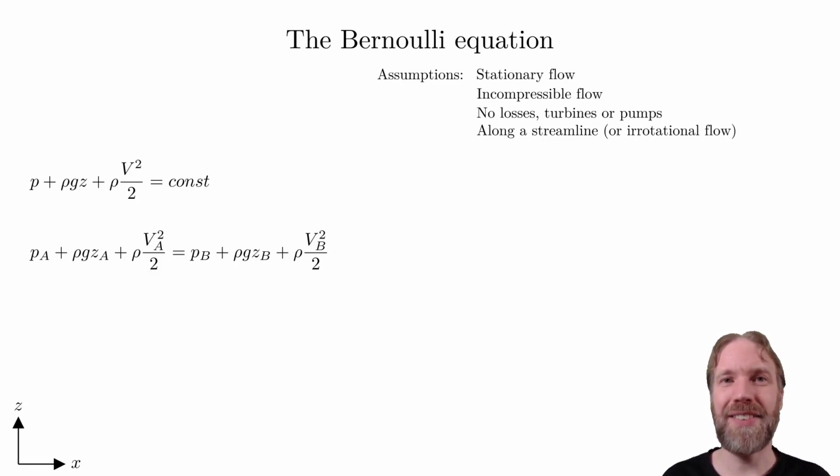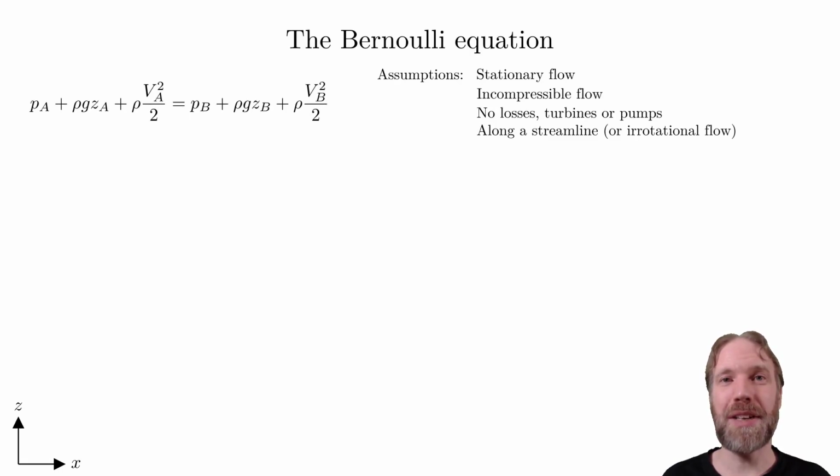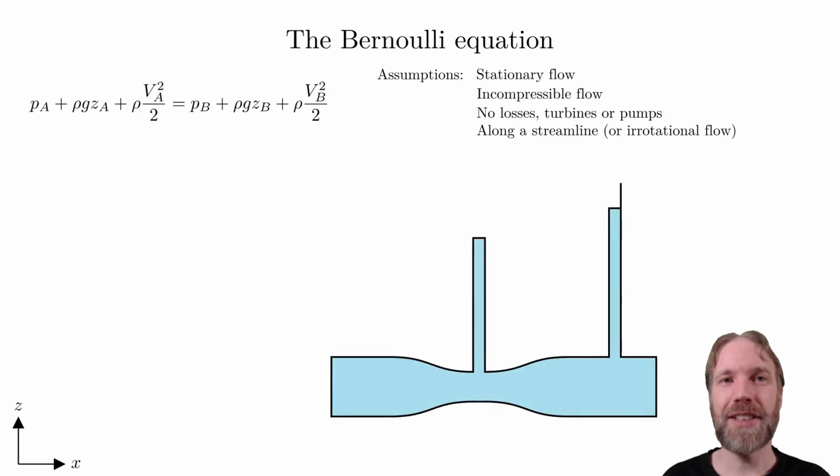Let us end this video by doing an example of how you can use Bernoulli's equation. Let's assume that you have a Venturi pipe, which is a pipe with a narrow section. We have installed the two vertical pipes that are used to measure the pressure at the given positions. The velocity at both the inlet and the outlet is V pipe.